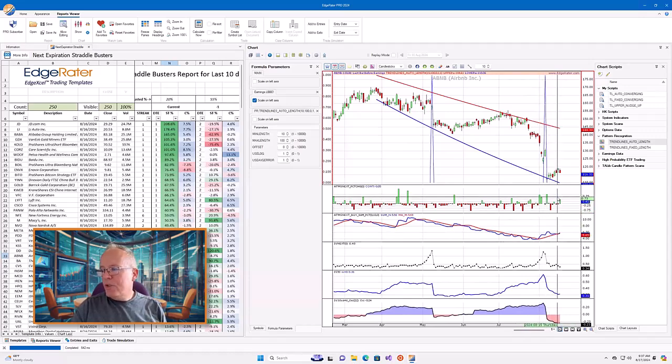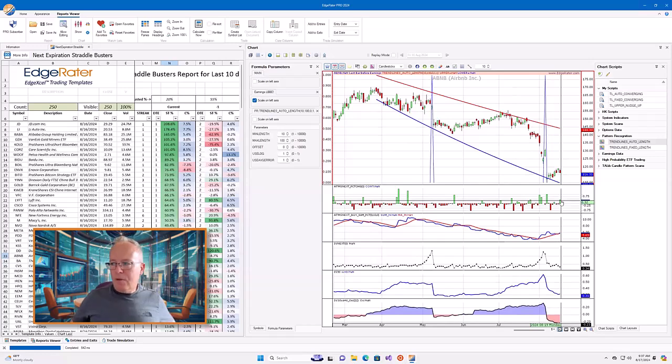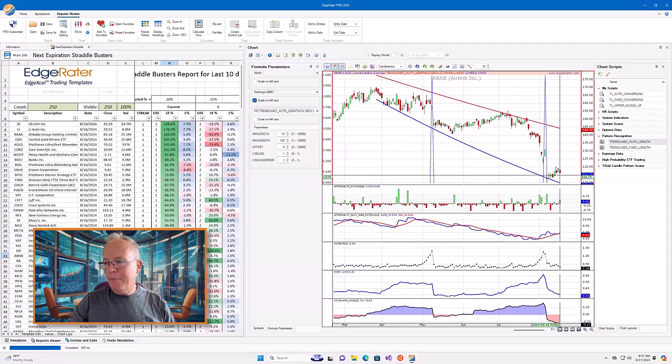So that was super interesting. Then on Friday, you had what looked like a small move down, and you might think nothing of that bar, but that bar can make you 41% in an at the money straddle. So that was an interesting potential play.